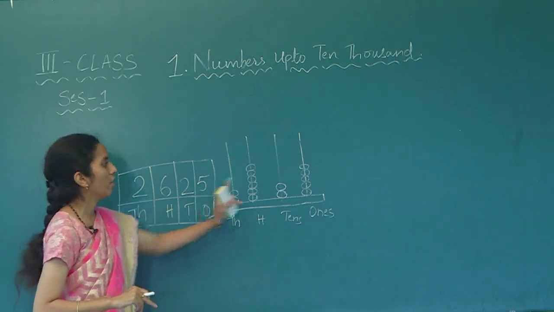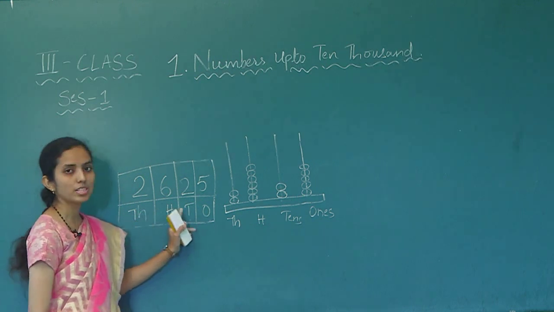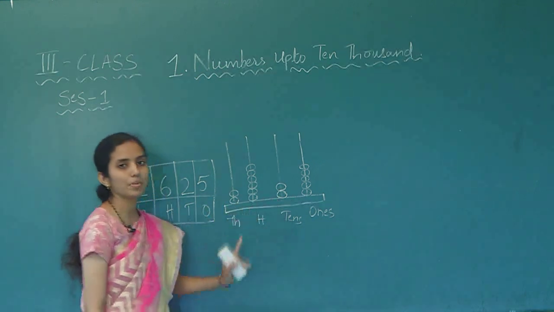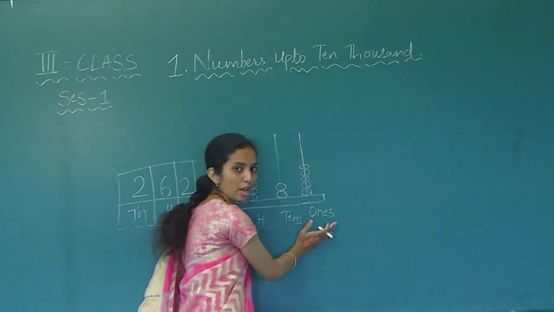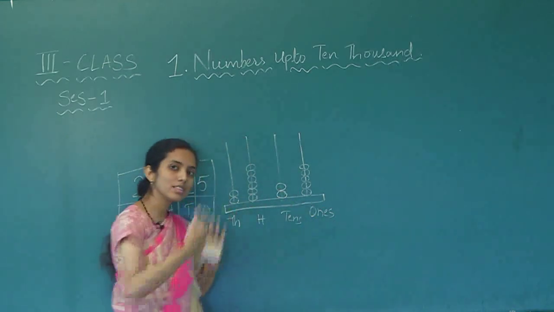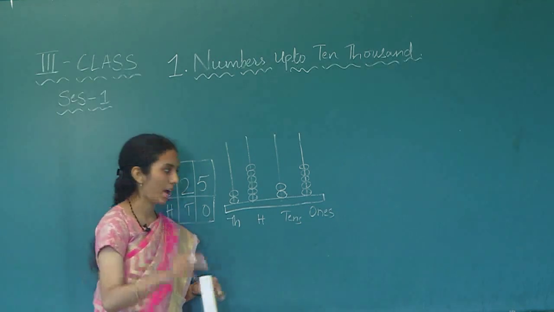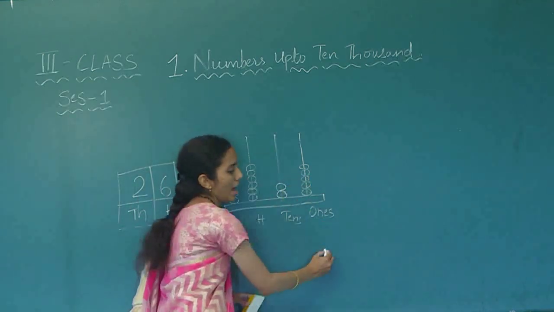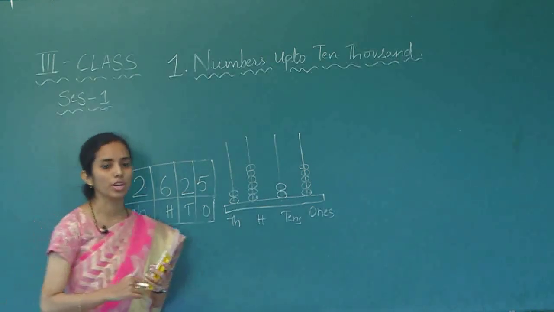Here 5 is given, so draw 5 beads. In tens place, 2 is given, so represent with 2. In reverse order, if he gives an abacus and asks us to write the number, how will you do it? You have to count the beads and write the number. So we can do it both ways.